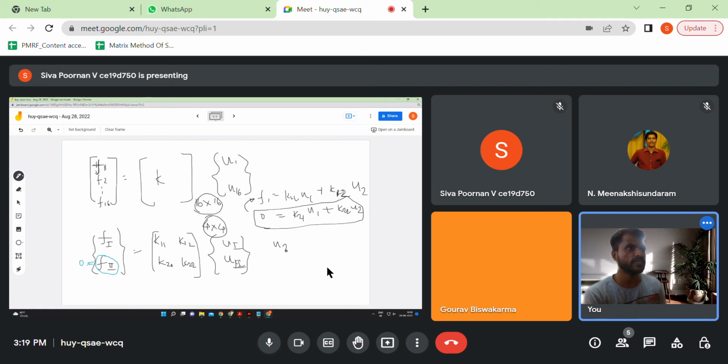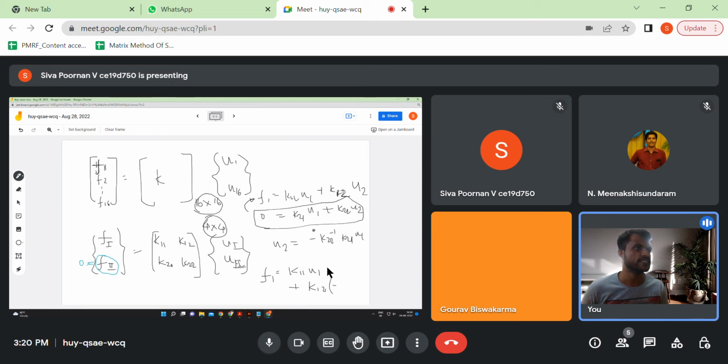So U2 is equal to minus K22 inverse K21 U1. I can substitute it here. I will get F1 is equal to K11 U1, which just stays, plus K12 into U2 given by this expression.